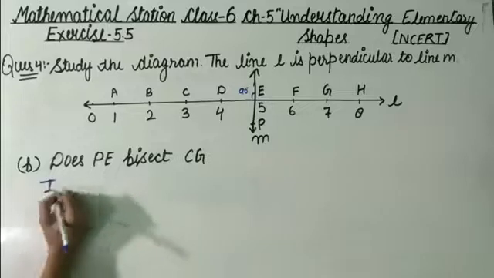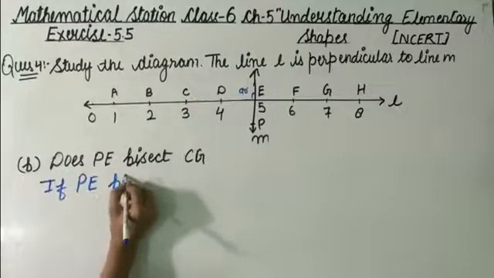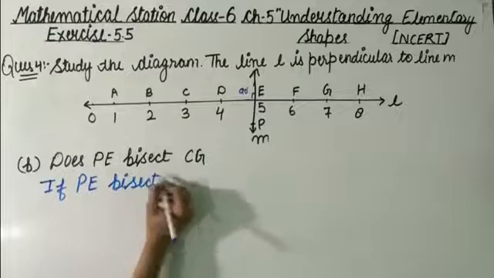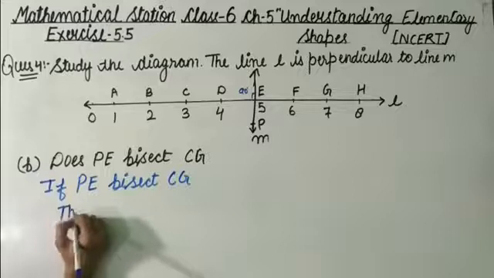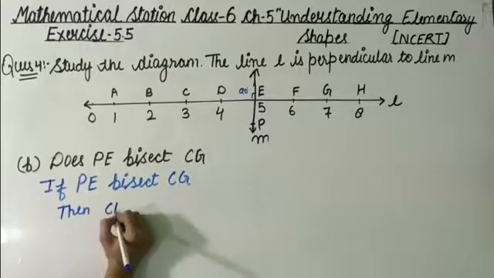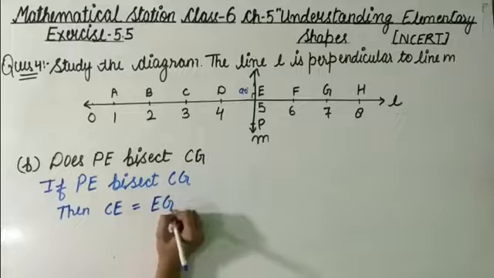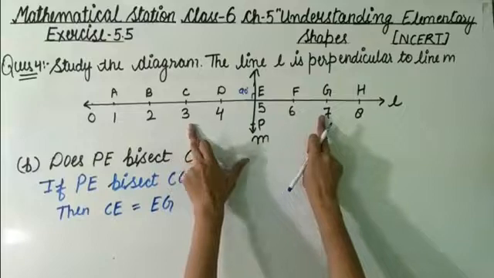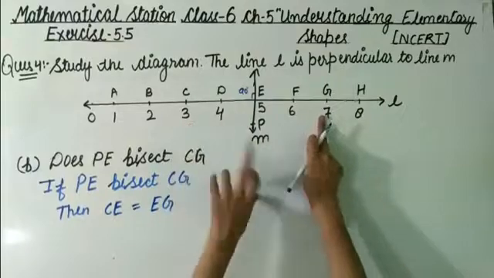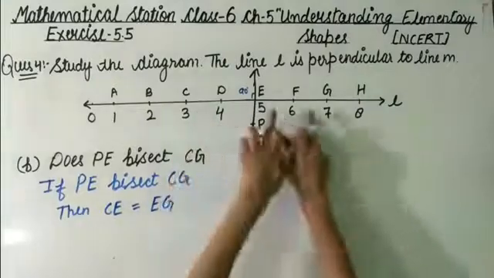If PE bisects CG, then CE equals EG. As we saw in the previous question that CE equals EG, but here again we will verify it.